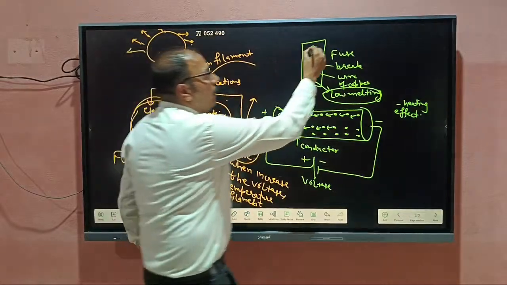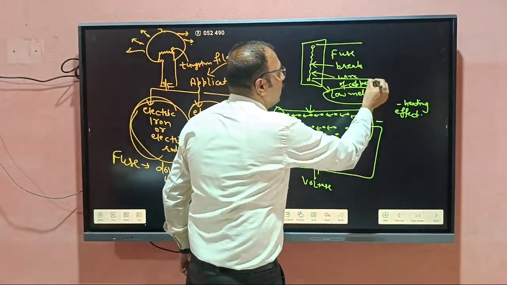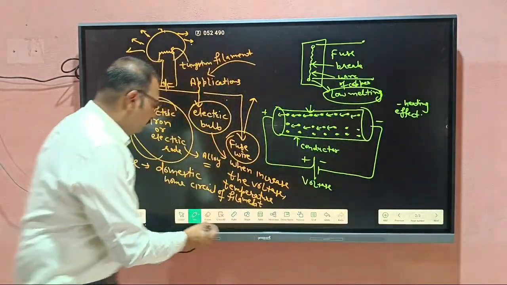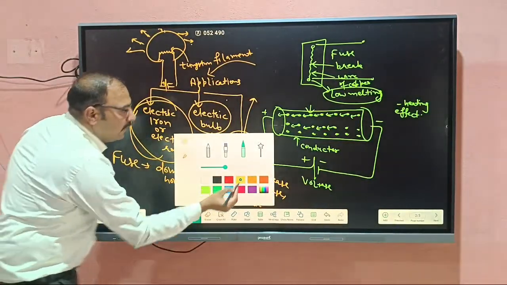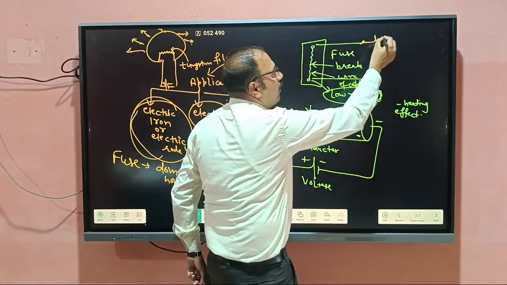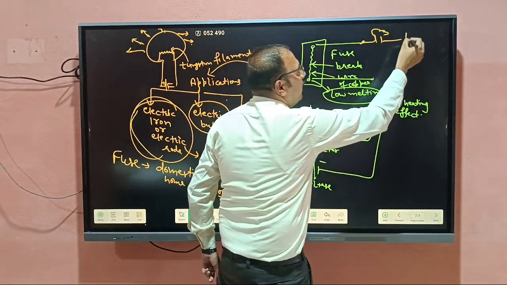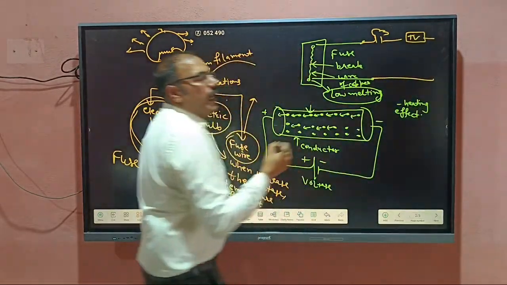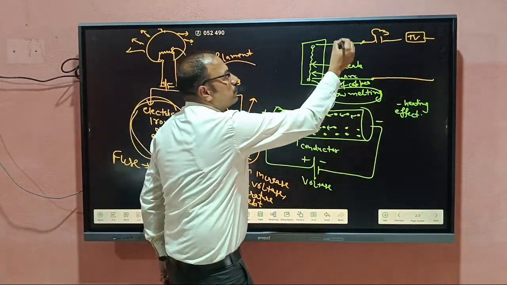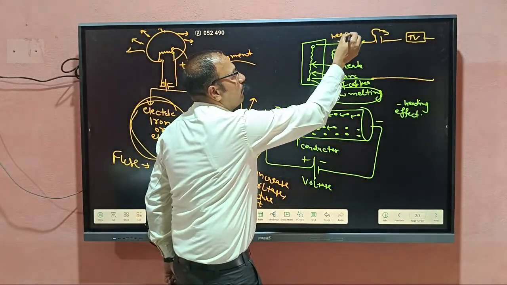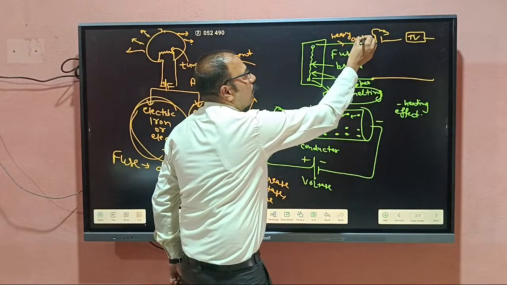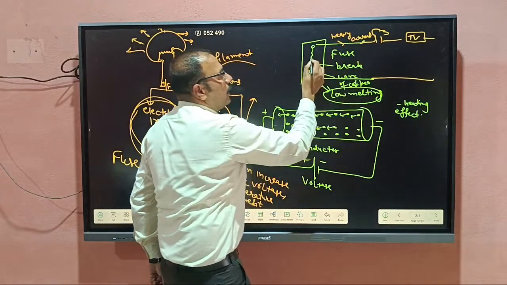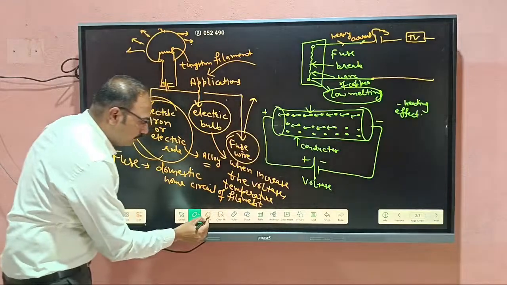So what happened here? We connected a number of electrical circuits. Like here we connect an electric bulb, here this is a TV and other instruments. When heavy current comes, these circuits break.